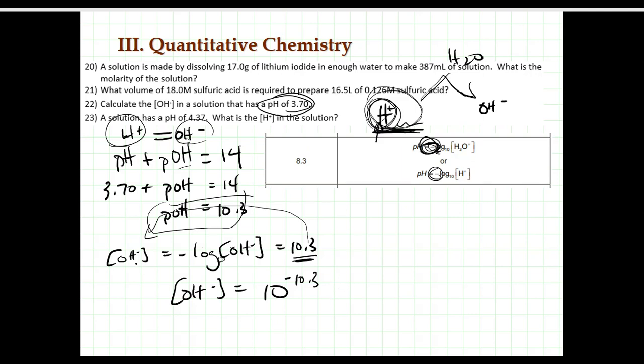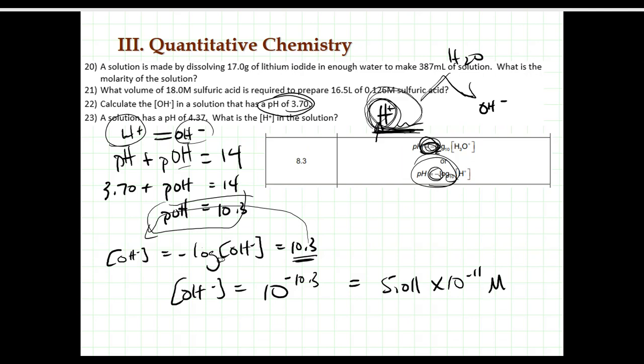So when I find the pOH or the pH, I'm finding the log. If I want to go backwards, I have to put the log, the exponent, back on the 10, our base 10. So, handed to a calculator, 10 to the negative 10.3 power is going to give us a hydroxide ion concentration of 5.011 times 10 to the negative 11 molar.